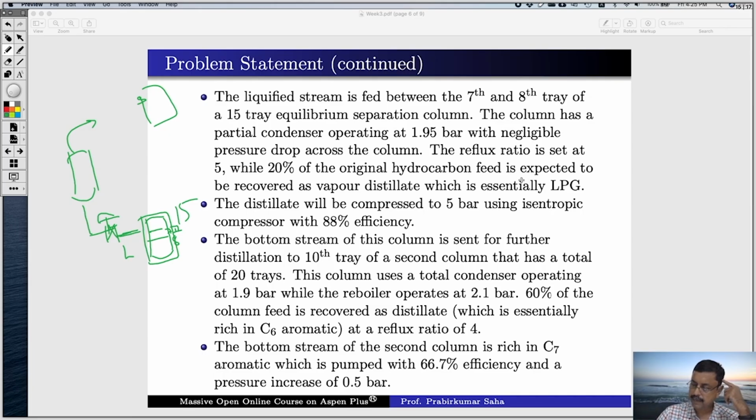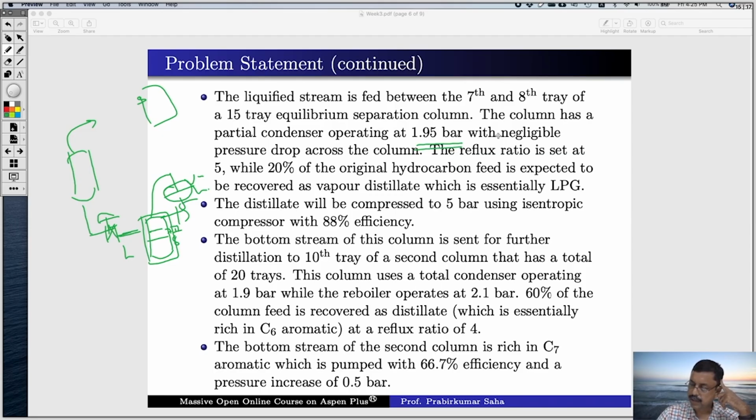The column has a partial condenser at the top. Partial condenser means there will be vapor and liquid both in the condenser, and there will be negligible pressure drop across the column, and the partial condenser operates at 1.95 bar.